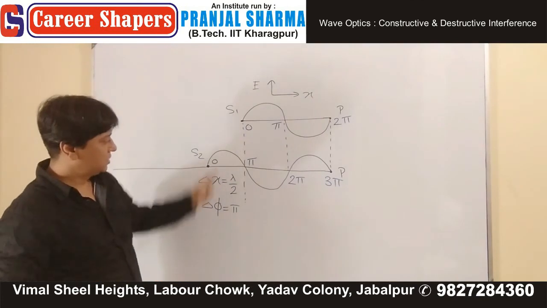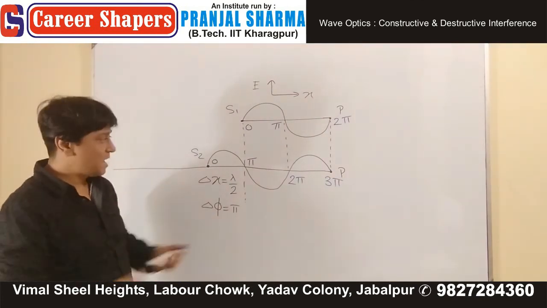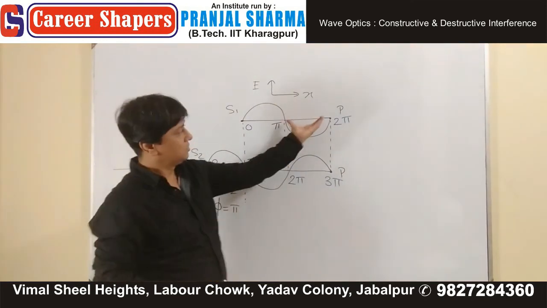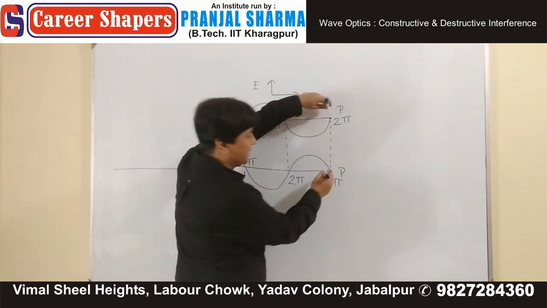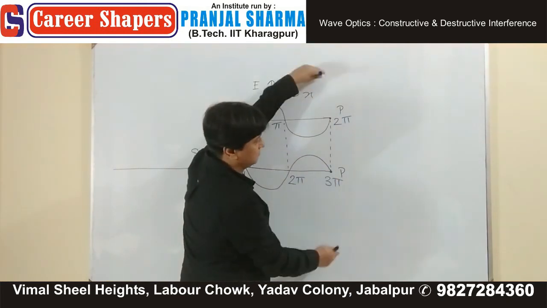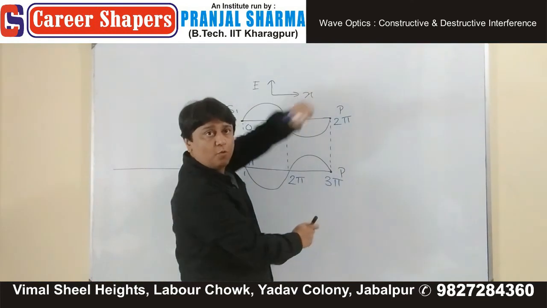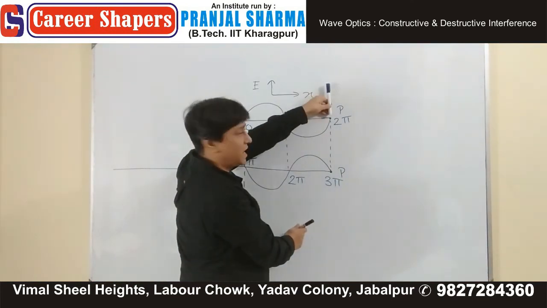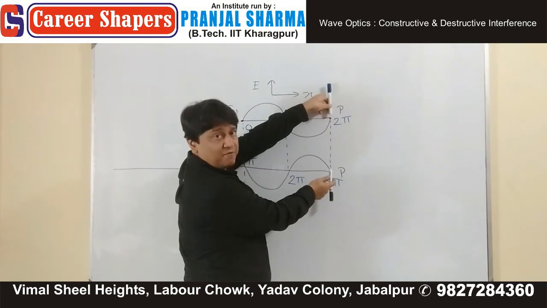This much lengthwise, phase-wise. What happens at P now? Look at these two shapes. So something like this is happening. They are oscillating in opposite phases. When amplitude of this is A, its amplitude is B but in the negative direction.